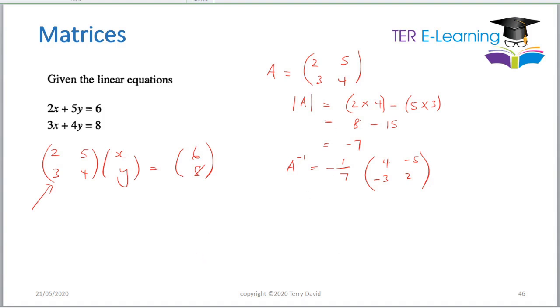Now, if we have to solve this equation, what we're going to have to do is multiply both sides of the equation by the inverse.